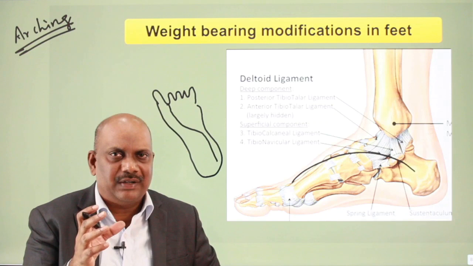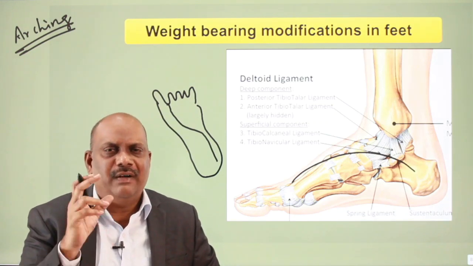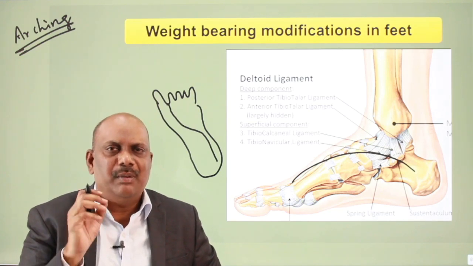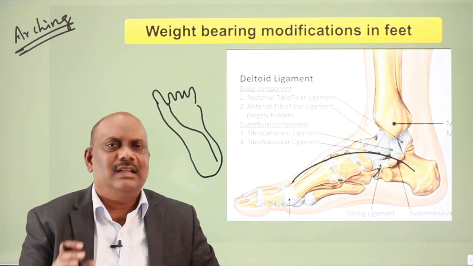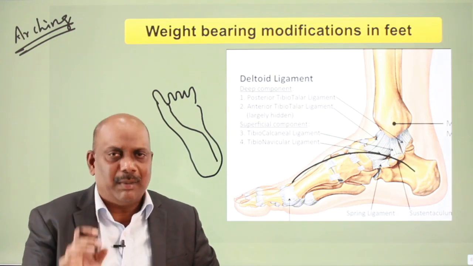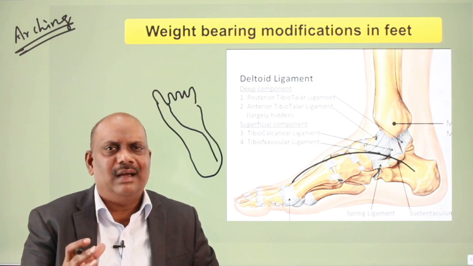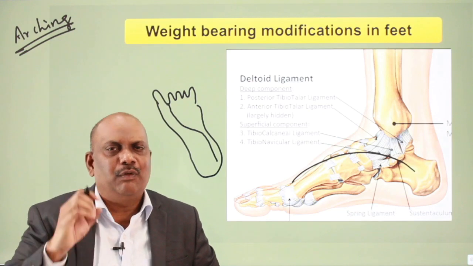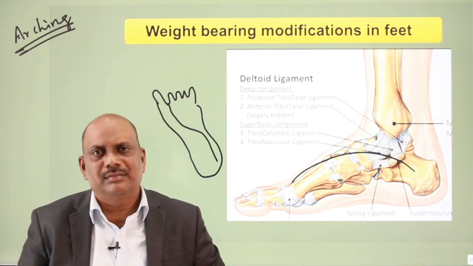Knees are straight, and there are a number of weight bearing modifications in the feet and in the ankle. These modifications are found only in the hind limbs. This suggests very clearly that Australopithecus were bipedal and had an erect or semi-erect posture. One thing for sure is their forearms were free. They didn't use their forearms for locomotion.